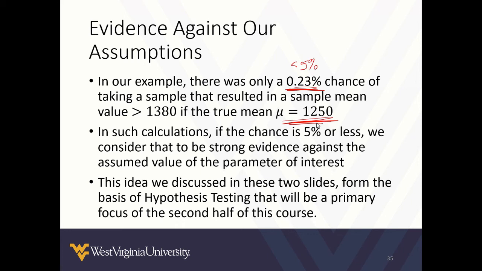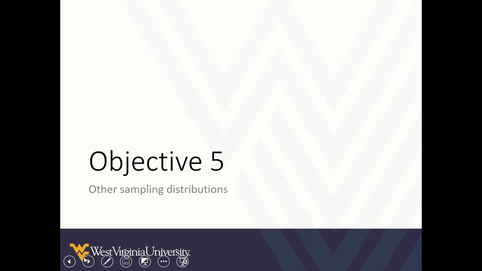It's the idea of what happens when we get an event that is super rare and it is therefore evidence that our previous assumptions are no longer accurate. But that is something we are going to focus on later in this course. Like I said, it is a large focus of the second half of this course.